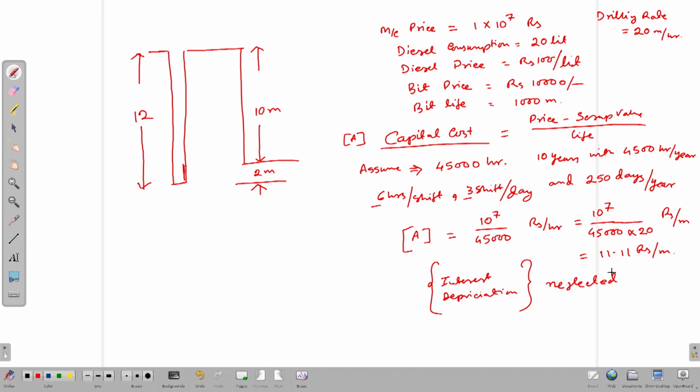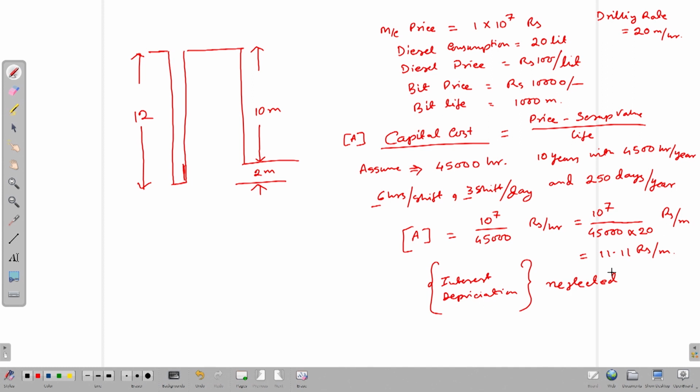For that, basically you have to get 10% of this as the value of interest. Anyway, we are not considering that. So, straightaway 1.11 rupees has to be added as interest component here, based on the 10% interest rate.